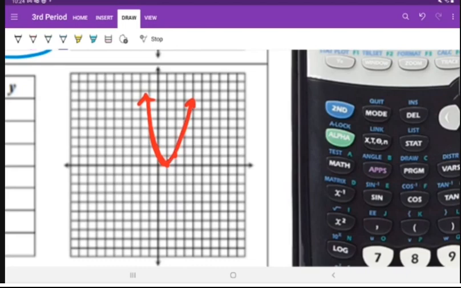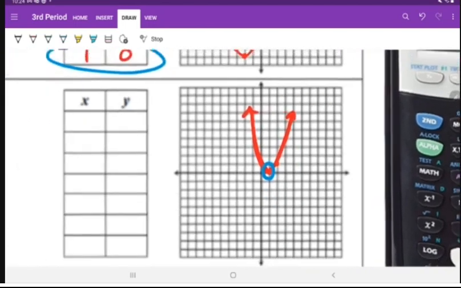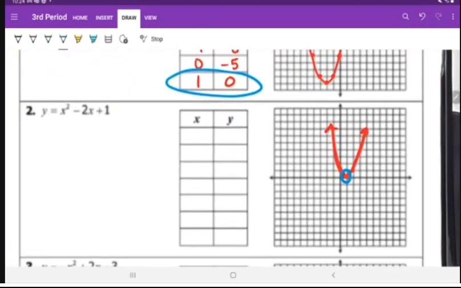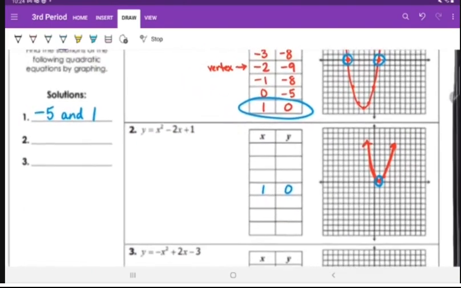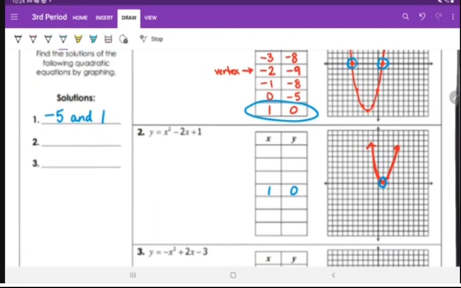So this right here was our root, and it also happened to be our vertex, so it was probably right in the middle of our table here. So one of our points was 1, 0. That means your solution is 1. And there's only a single solution for this problem. You know, some problems only have one root, so we just have one solution.